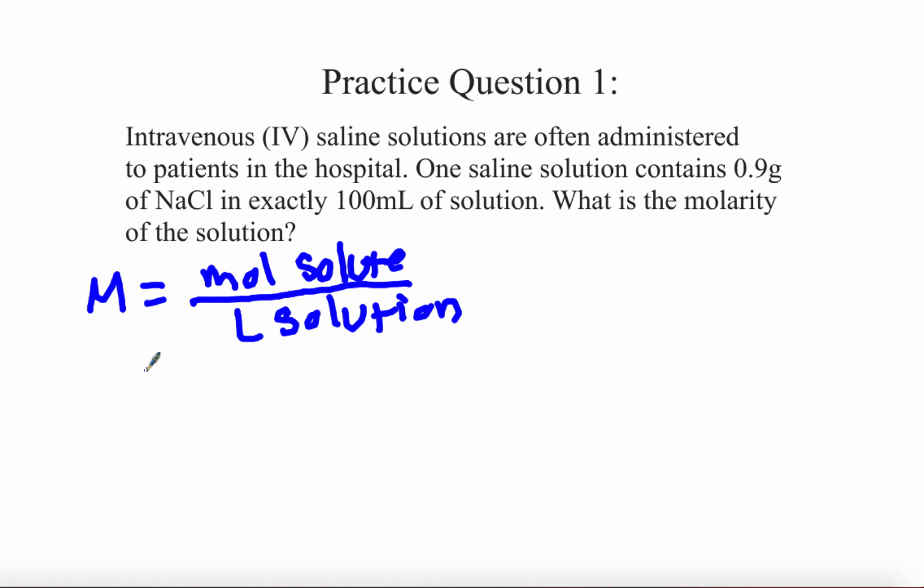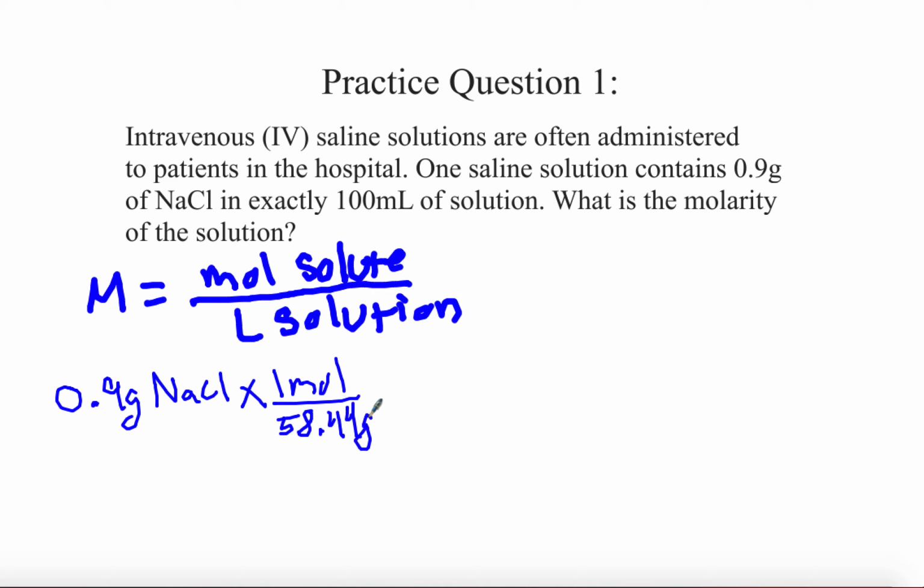Our solute here, because of the fact that it's salt, sodium chloride, being dissolved, is the sodium chloride. So we've got to take our 0.9 grams of sodium chloride and convert that into moles. We're going to essentially multiply by 1 mole over the molar mass, or just divide by the molar mass of salt.